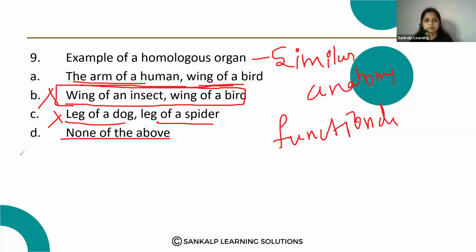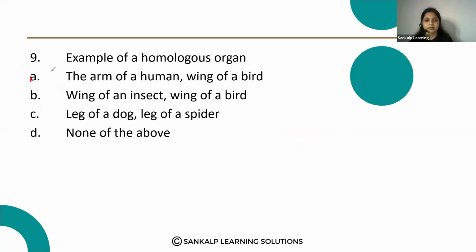The correct answer is option A, the arm of a human and the wing of a bird.